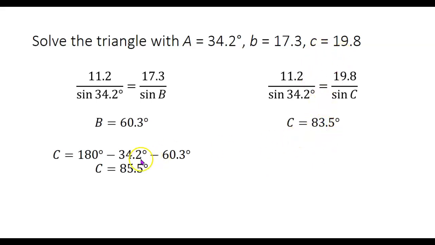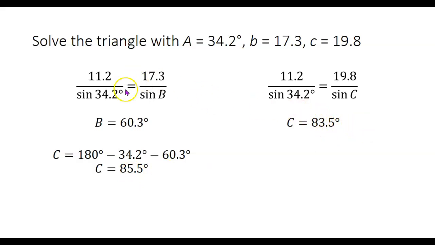And that was enough to make a noticeable difference in the numbers we were getting for angle C. Just by rounding from 11.1 something to 11.2 made a difference in the ones digit of this angle answer.